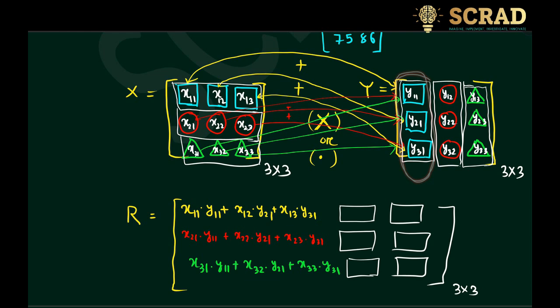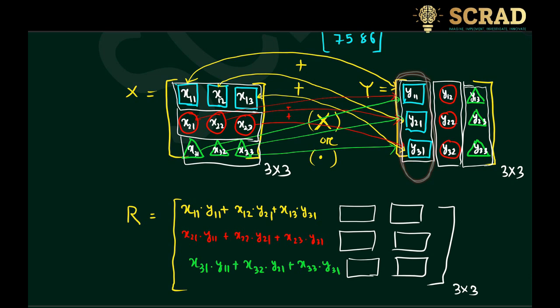So we have to take care that the first matrix's number of columns must be equal to the number of rows of the second matrix, right?